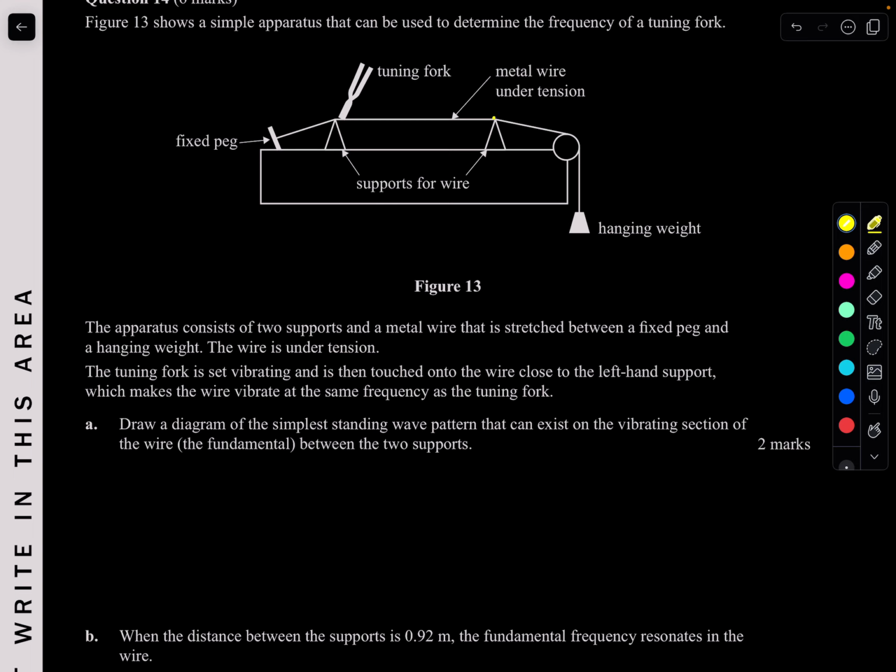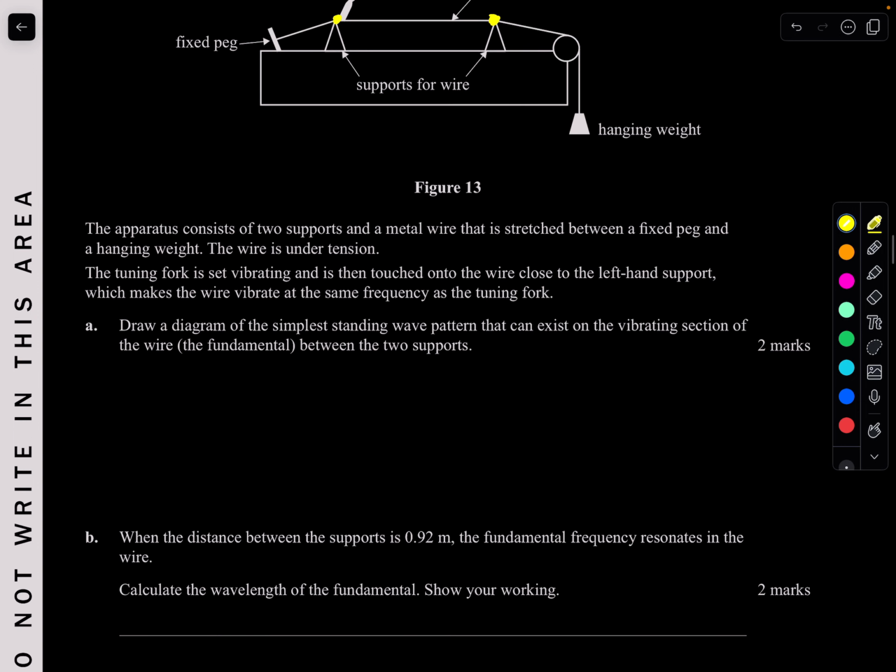That's the simplest standing wave between the two supports. So between these two supports, what do we see? They are closed on both ends. And it's quite easy. So the fundamental wave between two closed ends, if I draw it, looks like this.